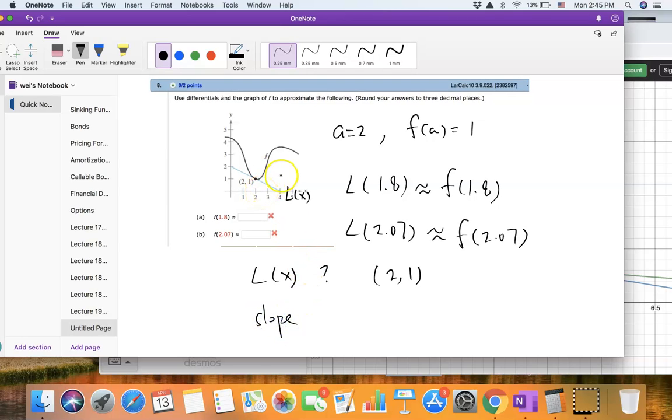Now in this problem, since we are not given the function f(x), we are not able to use calculus to find the derivative and then find the slope. In this problem, we're using another way to find the slope, which is on the graph.